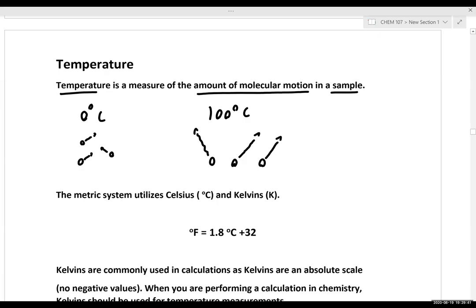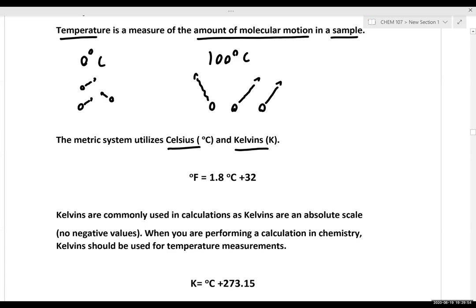Now, the metric system utilizes units of Celsius and Kelvin. Unfortunately, in the English system, we use units of Fahrenheit. Thankfully, there is a defined conversion factor to convert between Fahrenheit and Celsius.